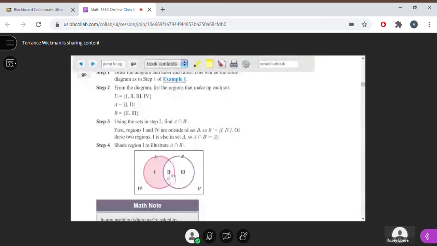The intersection would include it too, so it doesn't include that, so you get just 1. So this is kind of tricky. You will have these on the test. So the only thing you can do is practice, and see, oh yeah, logically that should make sense.